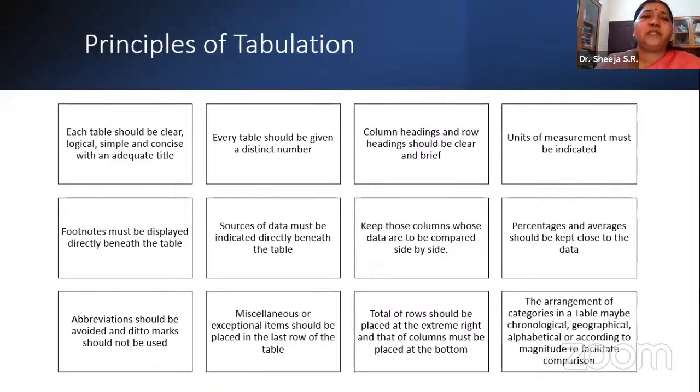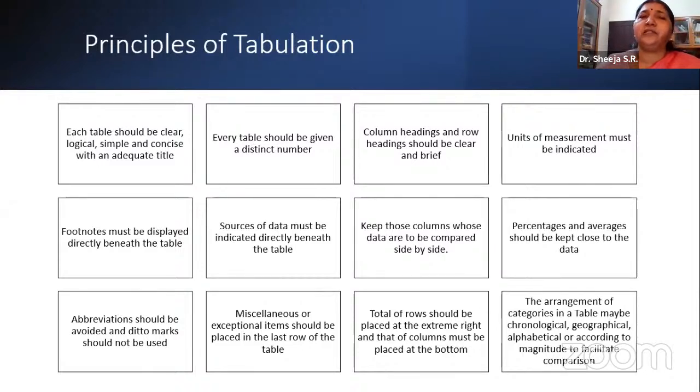making a tabular presentation. So you have to ensure that each table is clear, logical, simple, concise, with adequate title. Then table should be clear, very simple. Just by looking at the table, you should be able to understand the important features of data, and there should be a title.